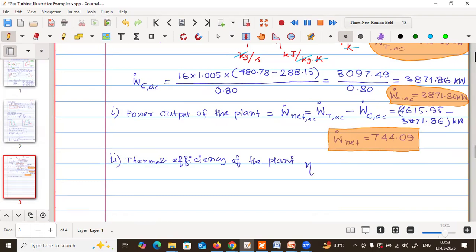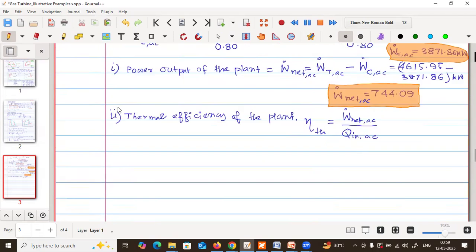Thermal efficiency is equal to W dot net actual divided by Q in actual. Okay, now what is Q in actual? W net actual we have already determined. Now let us see what is this Q in actual.